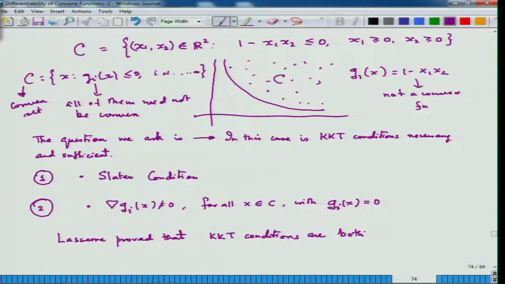So, even if all the functions representing the set C are not convex, still we can show that the KKT conditions hold under these two assumptions; this is called a non-degeneracy condition. We will not go into too much detail because it is just snippets. So, Lazaire proved that KKT conditions are both necessary and sufficient.